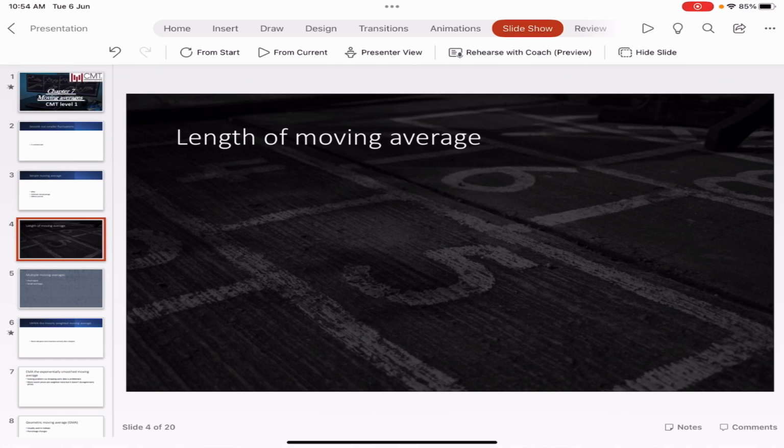So a shorter one is going to be more responsive to the most recent prices, so that would give me a quicker indication. Whereas my 26-day moving average is larger than my 13-day moving average, so that one will give me a late indication, right? So that's how you are going to mix and match, and you'll be using two types of moving averages. That also we'll be seeing later.